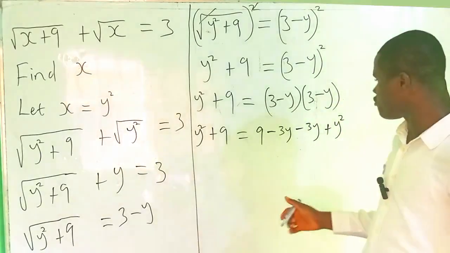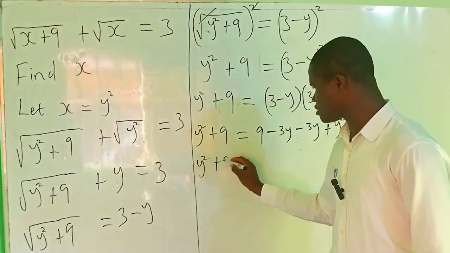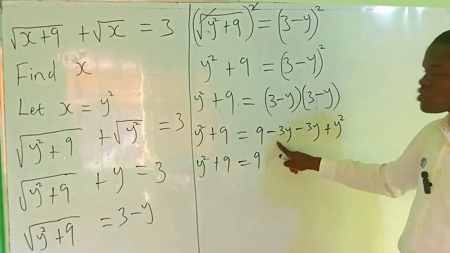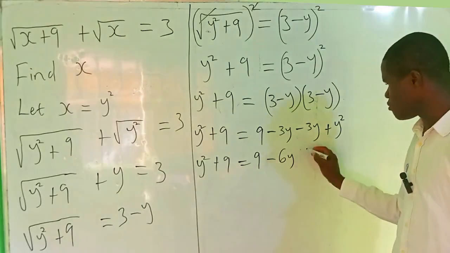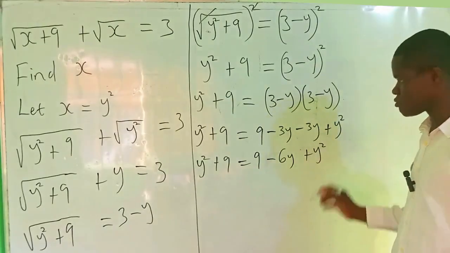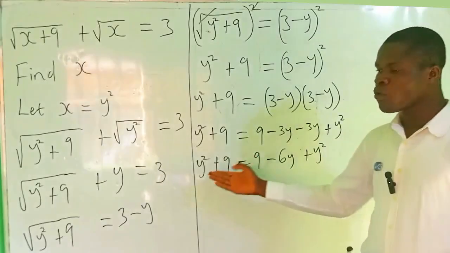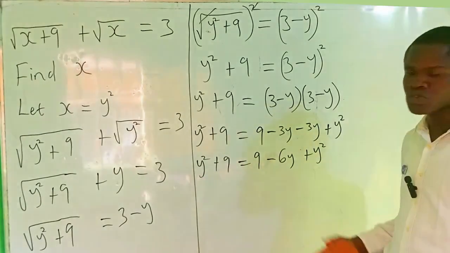Simplifying further, this becomes y squared plus 9 is equal to 9 minus 3y minus 3y, which is minus 6y, plus y squared. The next thing we're going to do is look for what is the same here and here, and cancel them out.